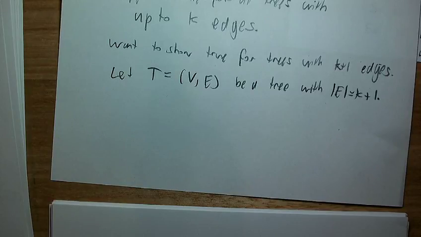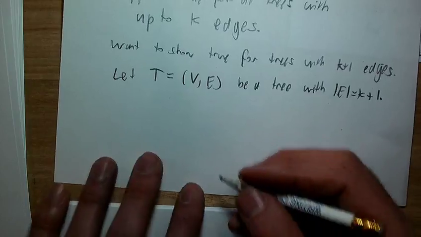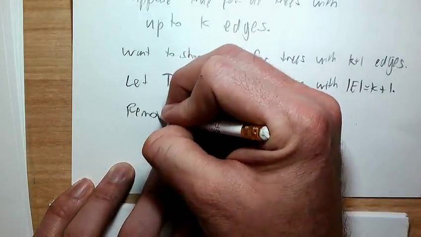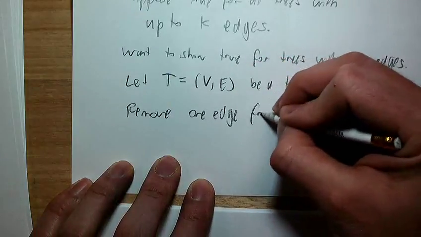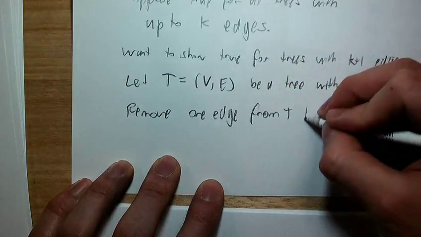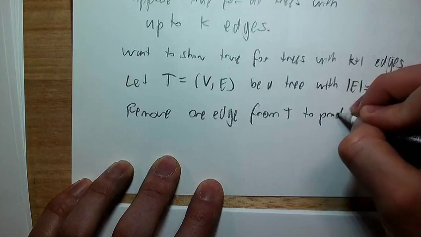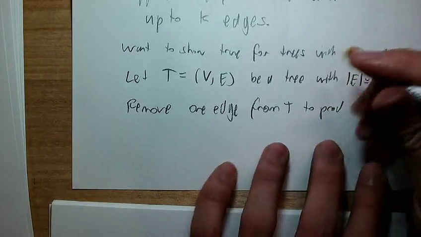But if I break my edge, it might cut my tree into 2 smaller trees, or it might cut it into 1 smaller tree and a single point. But either way, that'll work, because I know it works for any smaller trees. So we'll remove one edge from T.